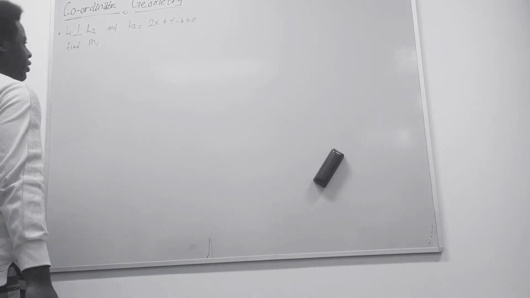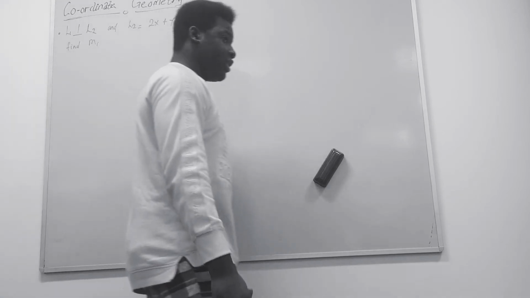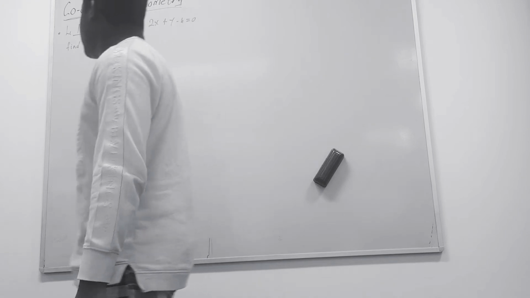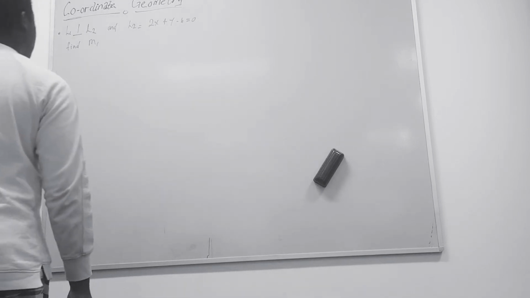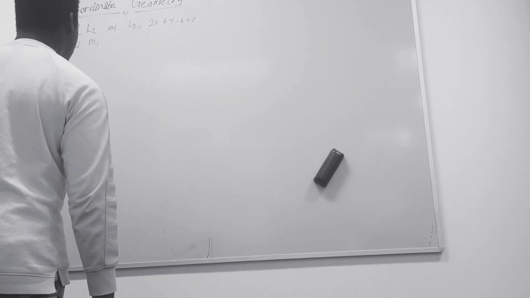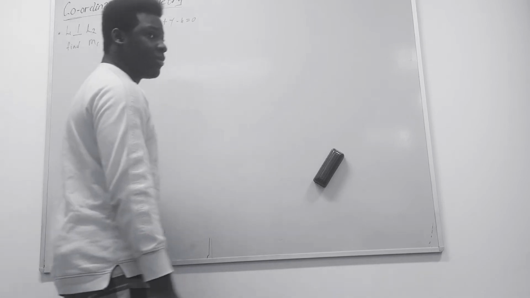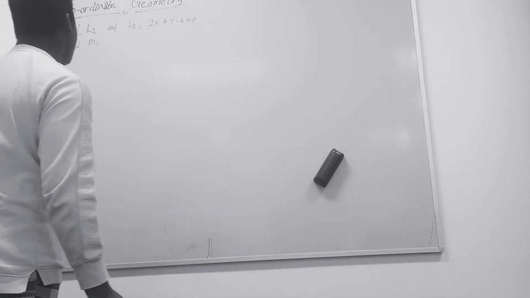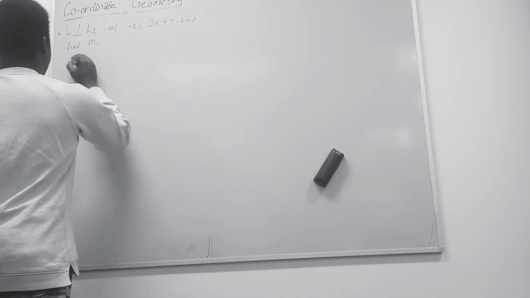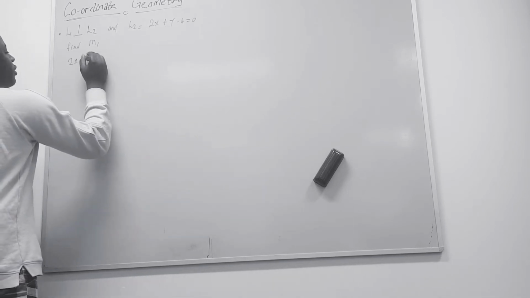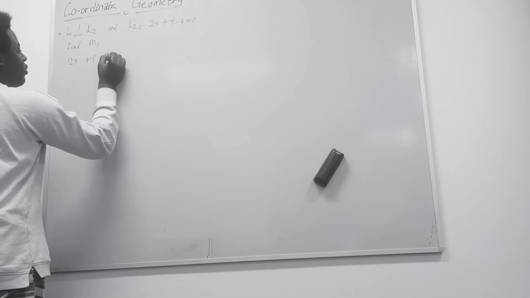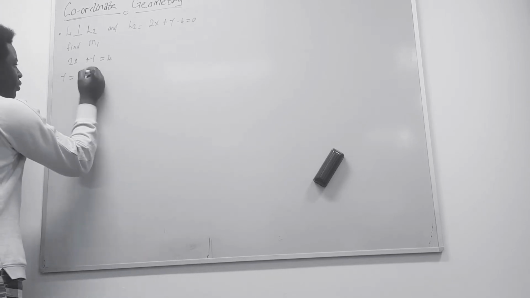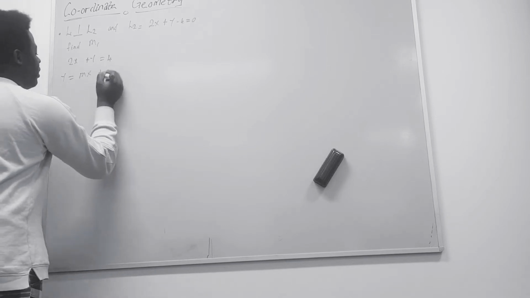Find m1. Right, so we know something. If these two lines are perpendicular, therefore the angle between L1 and L2 is 90 degrees, in which case the slope of L2 will be the negative inverse of the other. So if we rewrite this and solve for y, we want to write it in the form y equals mx plus c.